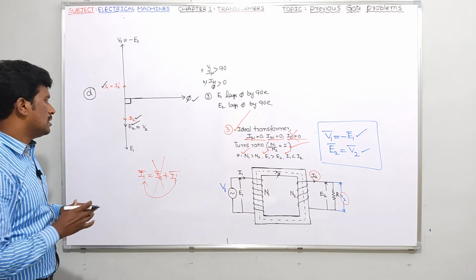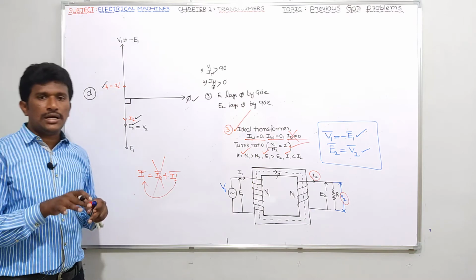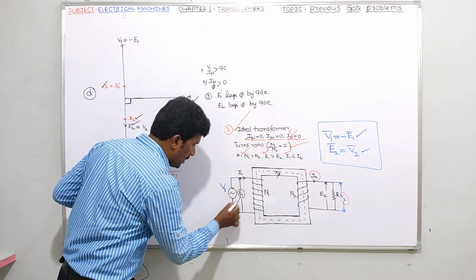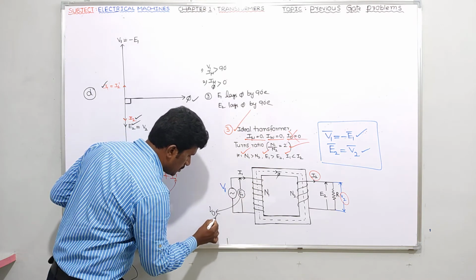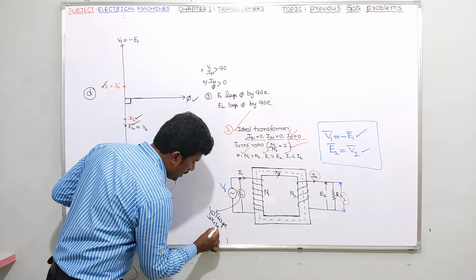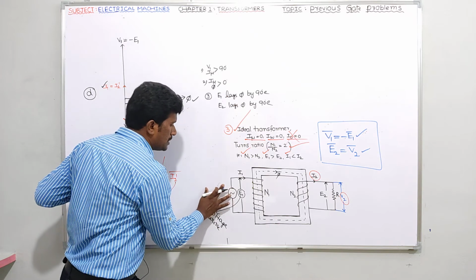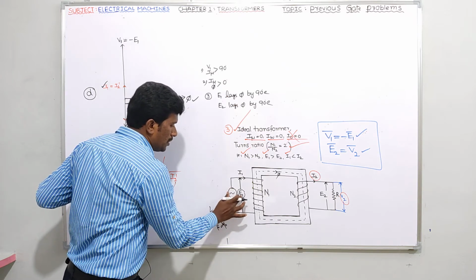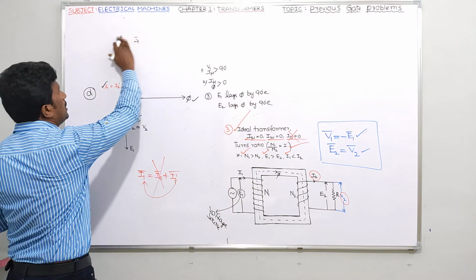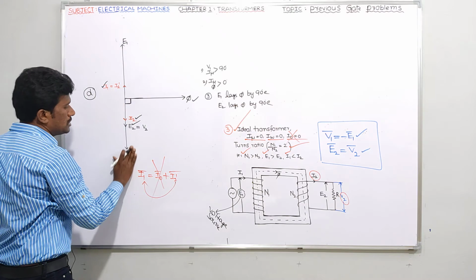The main problem is here. Option D will be correct if you take this E1 as a voltage source. If you take this E1 as a voltage source, then you will get option D. Here you should write E1, and here I won't show this E1.